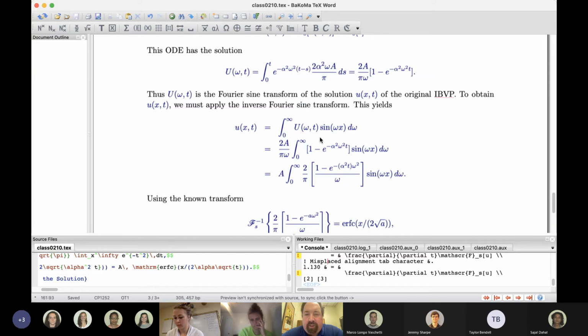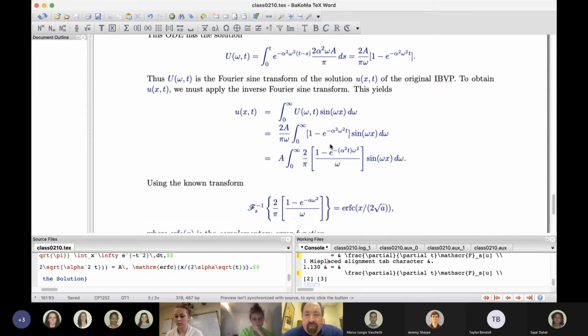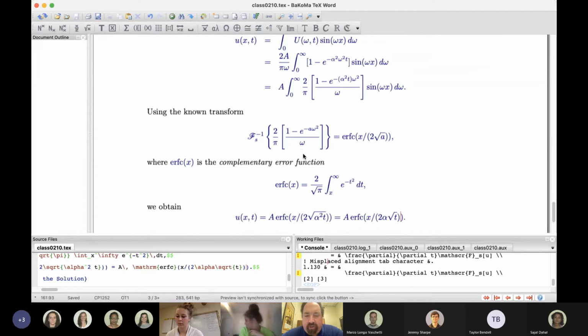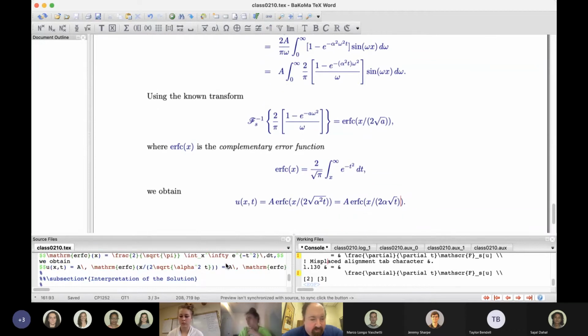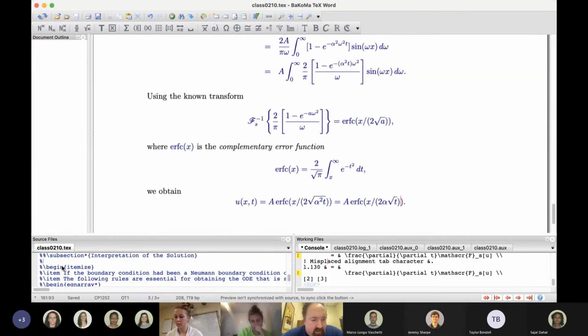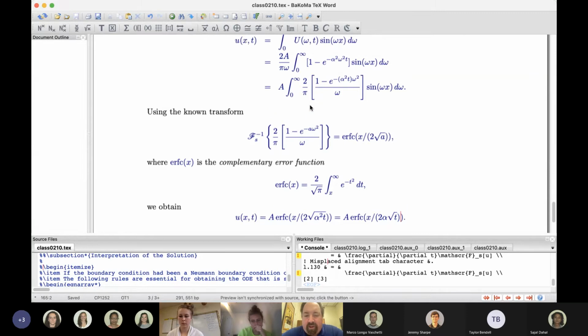Then you use a formula for the appropriate inverse integral transform, and that gives you your solution, little u of x,t, of your original initial boundary value problem.